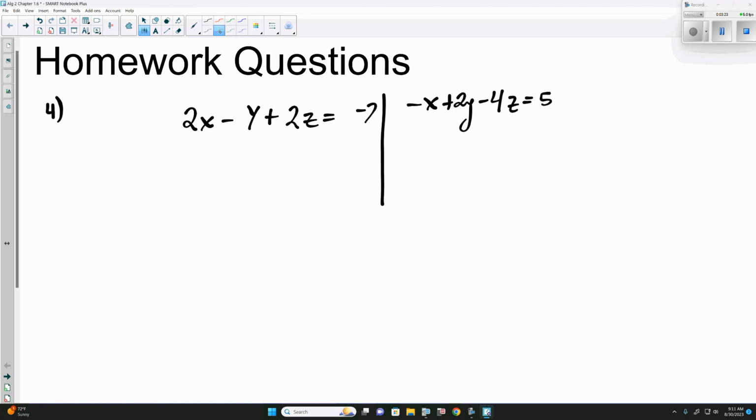We're going to use the top equation given to us in the problem, which is x plus 4y minus 6z equals negative 1. And I'm just going to choose to eliminate x first. So on the equation on the left, we're going to multiply everything by 2, telling us 2x plus 8y minus 12z equals negative 2.